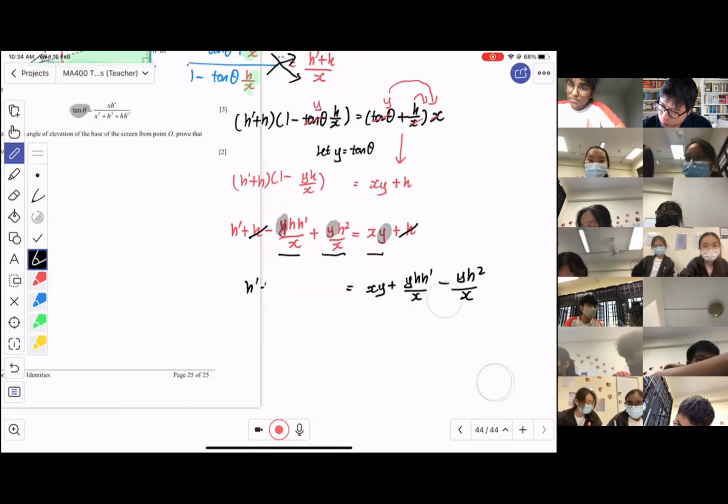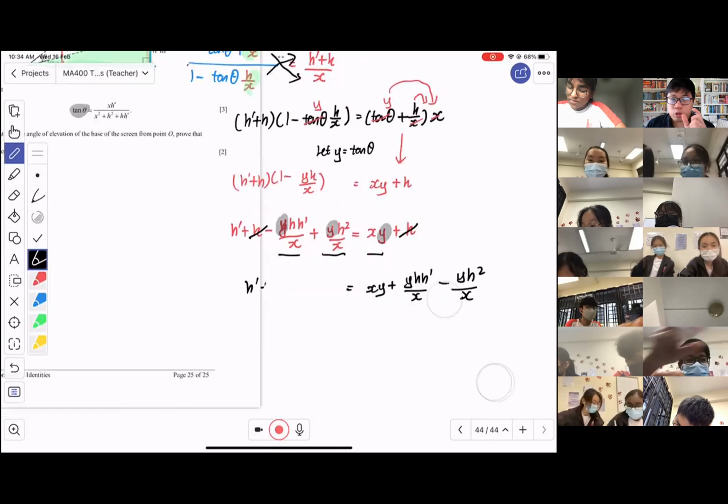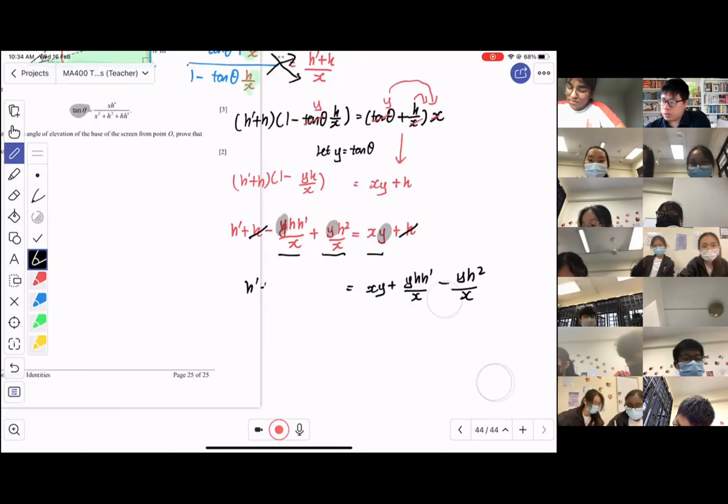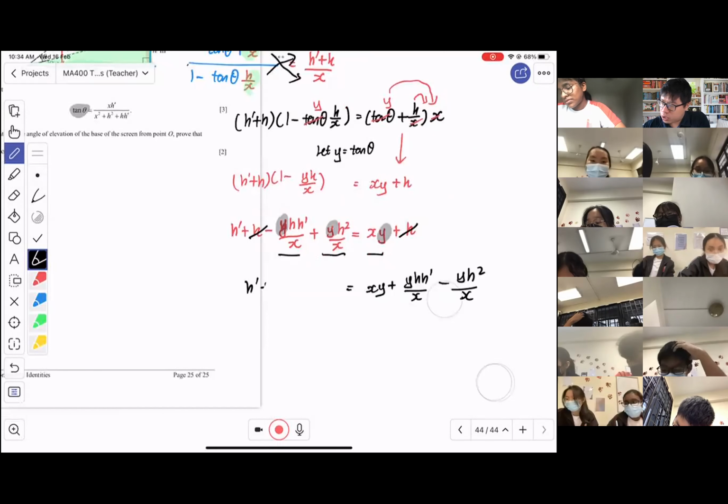This is x h prime. Remember we want y to be the subject, so y times x squared plus h prime minus h squared equals x h prime.